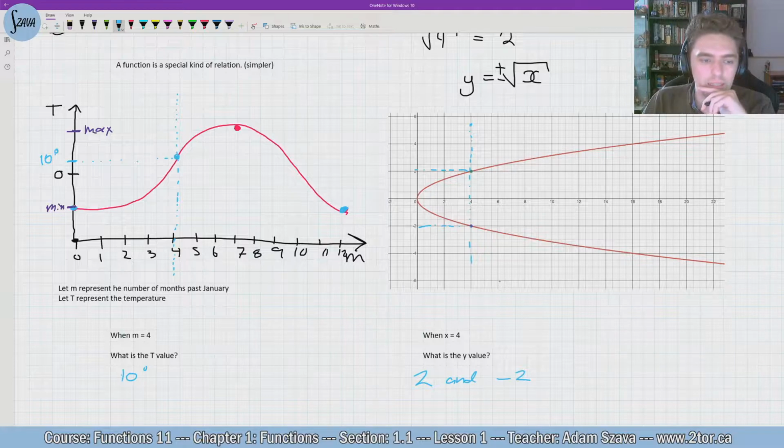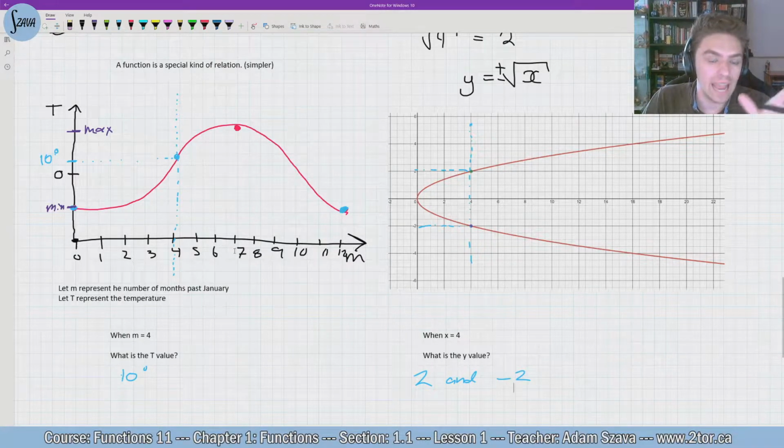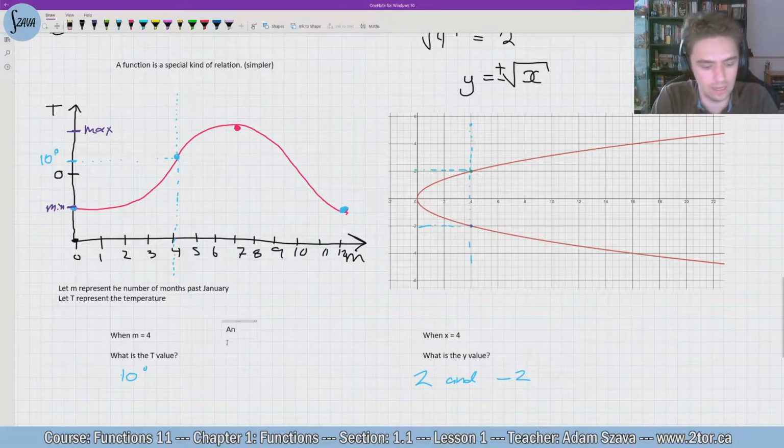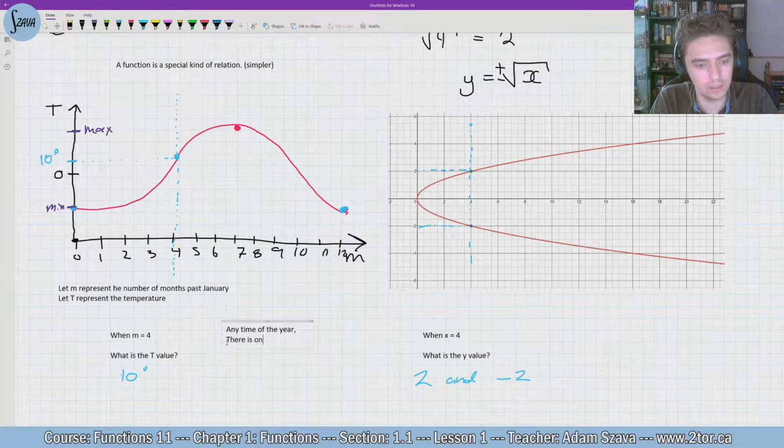So there's an important thing here. Here, for any time of the year, I didn't have to say 4 months past January. I could have said anything. I could have said halfway through the 6th month past January. For any time of the year, there is only one temperature value.